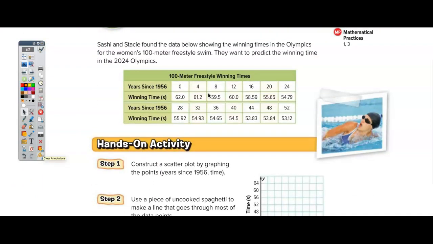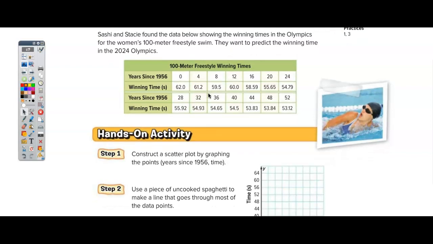Sasha and Stacy found the data below showing the winning times in the Olympics for the women's 100-meter freestyle swim. They want to predict the winning time in the 2024 Olympics. You can see in that data table that years since 1956 is actually 0 on this scatter plot.